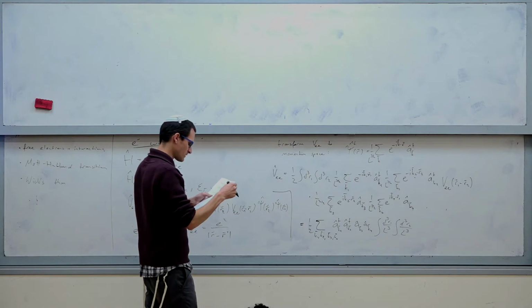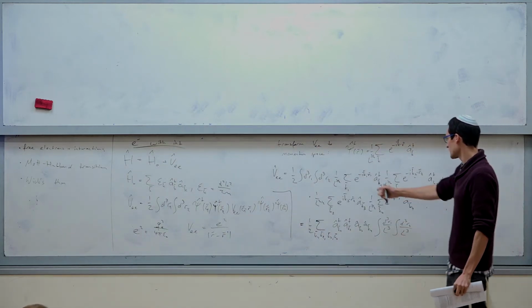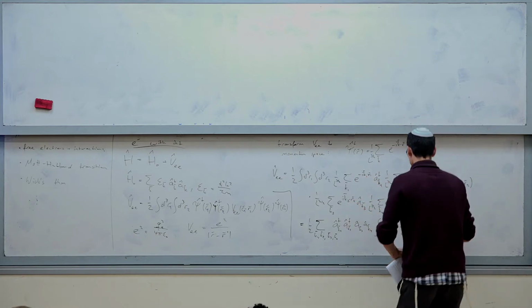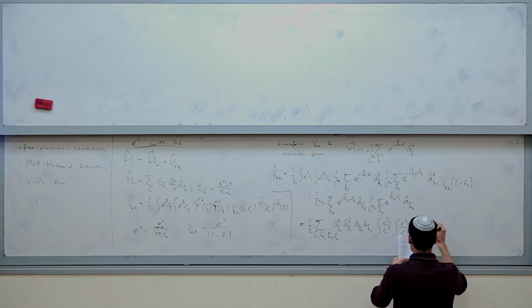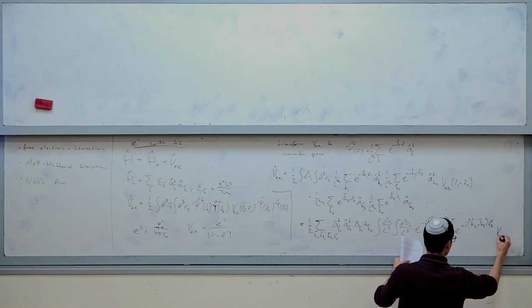And now we're left with our exponents. I'm going to group them together as well. There are 2 exponents with R1 and 2 exponents with R2. So I'm going to group them together: e to the minus i (K1 minus K4) times R1 and e to the minus i (K2 minus K3) times R2. And then we have the potential V of R1 minus R2.